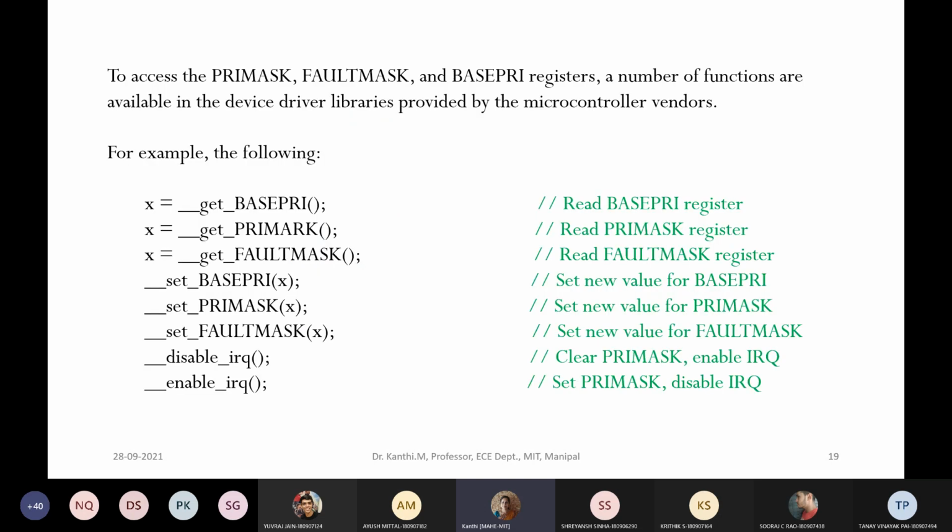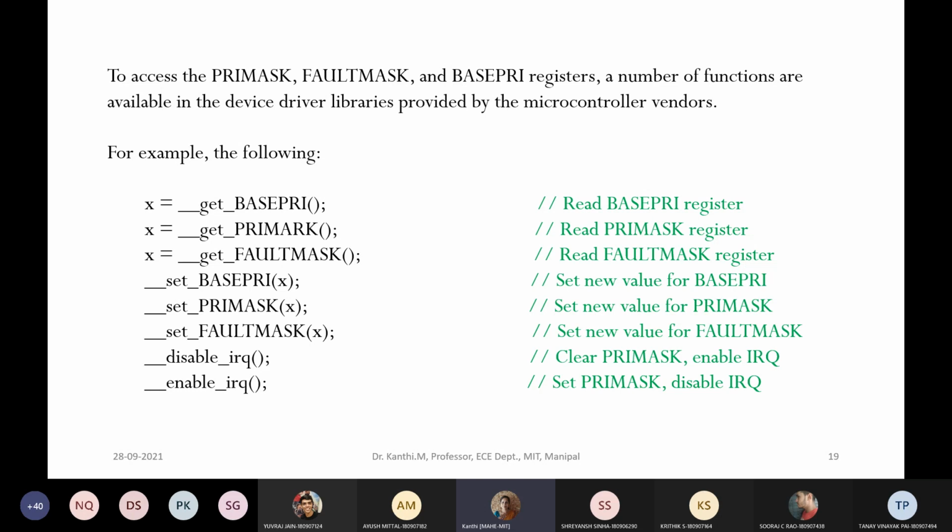These are some of the C programming functions available in your microcontrollers. Suppose I'm using NXP semiconductors, they will have some C functions. If I have x equal to __get_BASEPRI, this function is to read the base priority register.